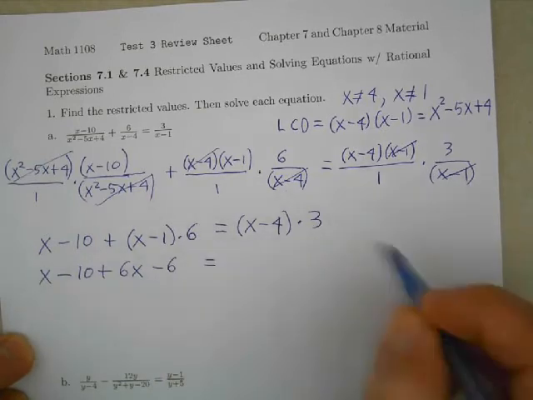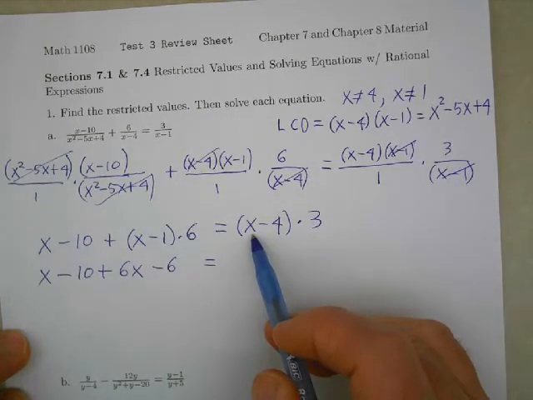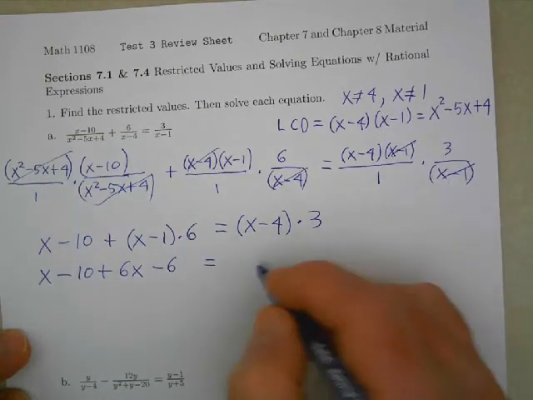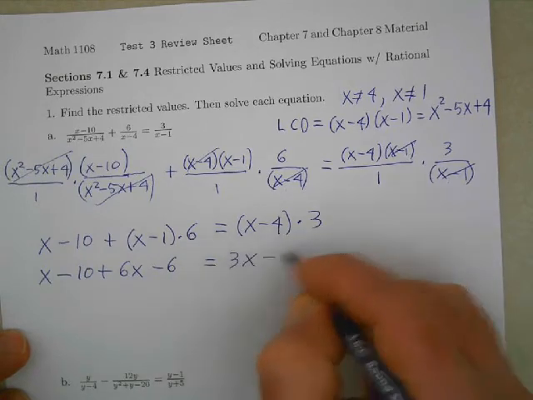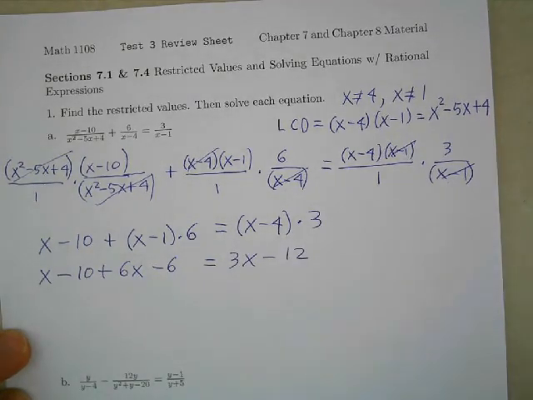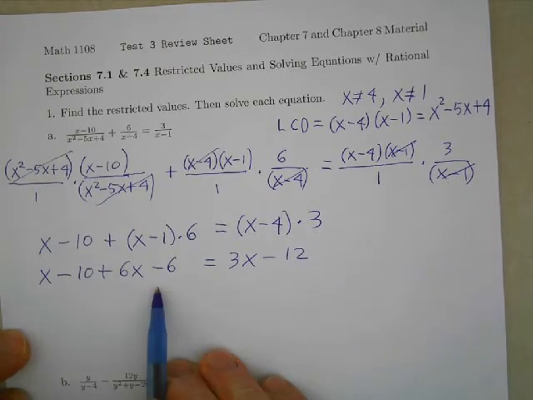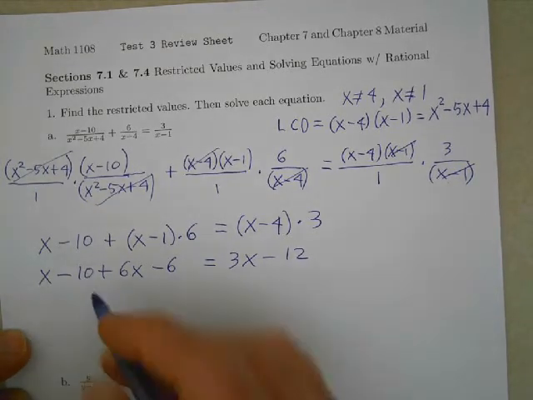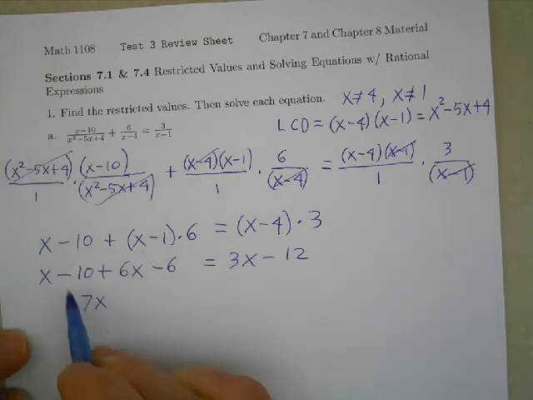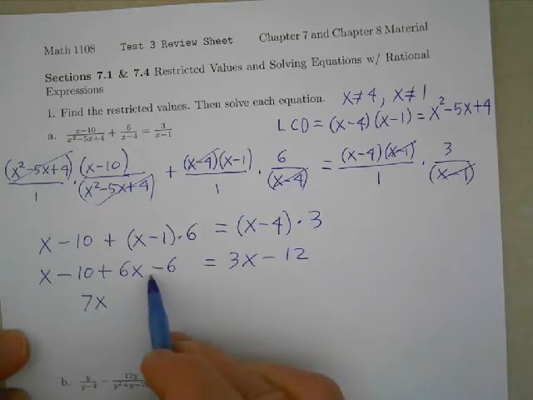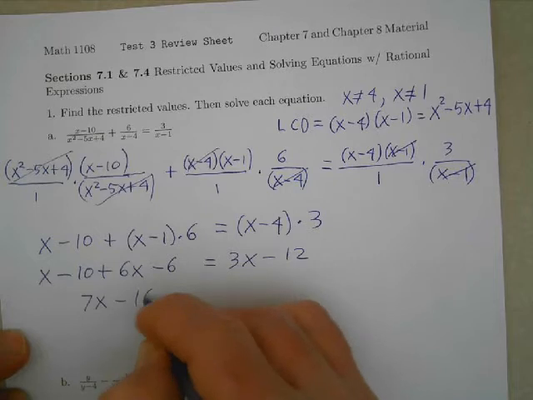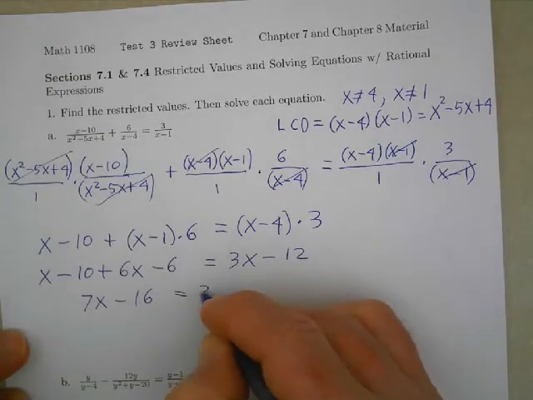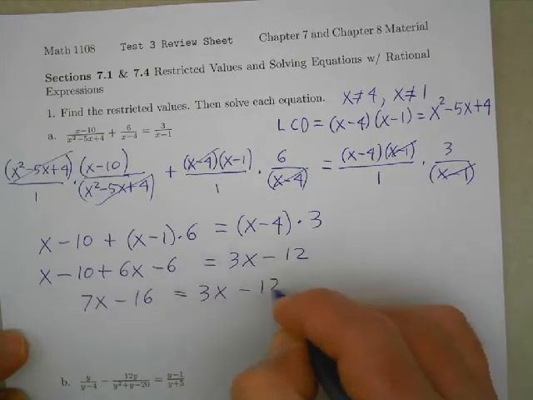And on the right-hand side, we'll multiply the binomial x minus 4 by 3 to get 3x minus 12. And we'll combine like terms on the left-hand side. The x plus 6x is 7x. And the minus 10 minus 6 is minus 16, and that's equal to 3x minus 12.